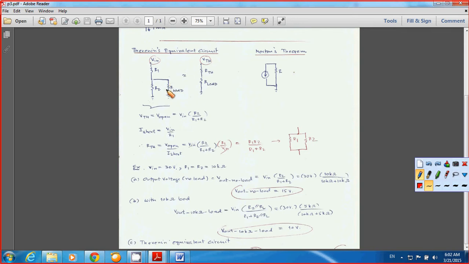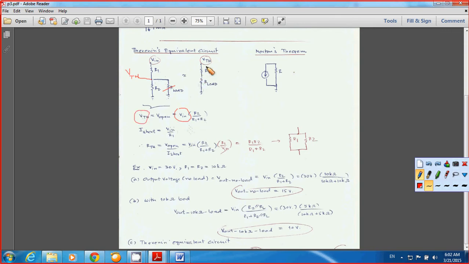Open circuit means you have no load here, so your VTH is the voltage across R2. It's nothing more than the voltage divider, correct, as I mentioned before. You simply take the input voltage source Vin, multiply by R2, and divide by R1 plus R2, because they are in series. So you get VTH.